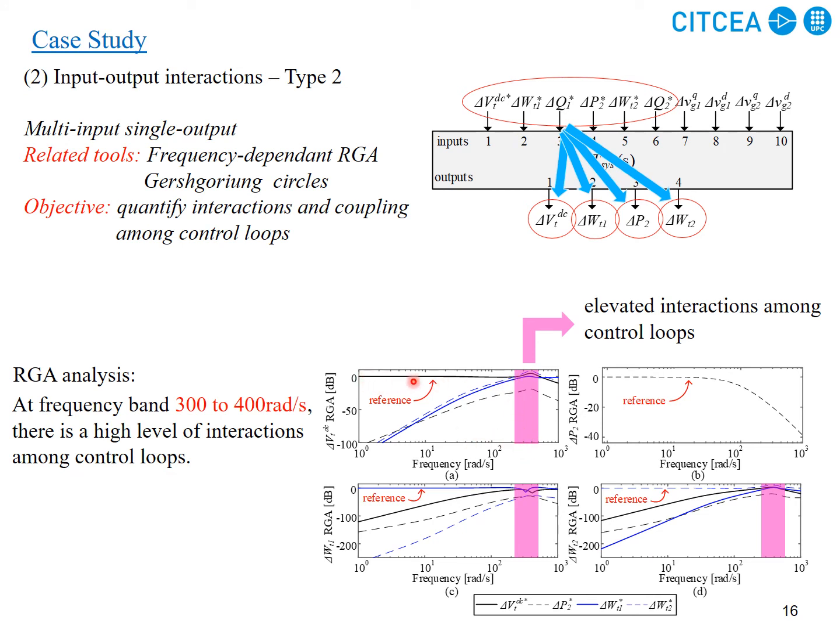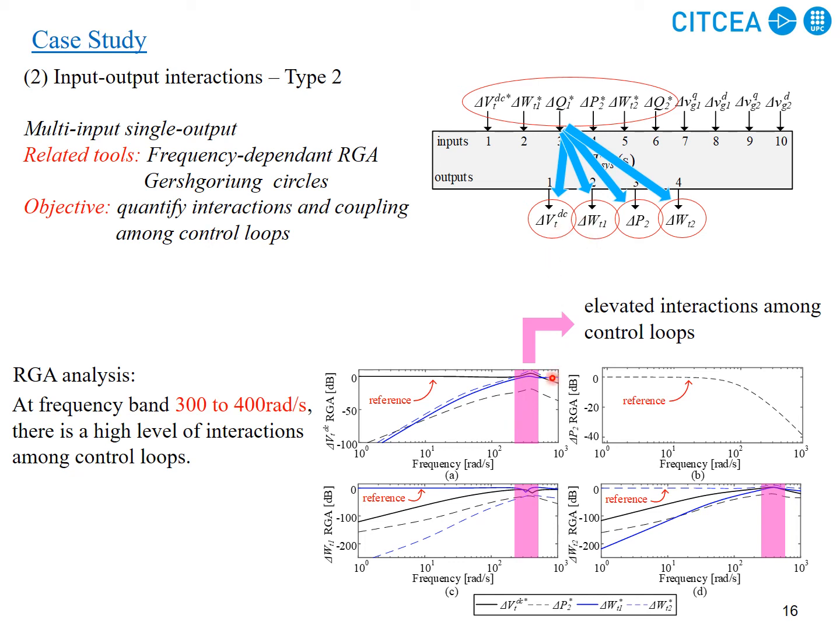This is the reference for the DC voltage, for example. Until 100 radian per second, the control loop is only influenced by its reference. But when we move to the frequency band of 300 to 400, then the reference is not the only one. The impact on the output of DC voltage would again be from the total energy of 1 and 2.